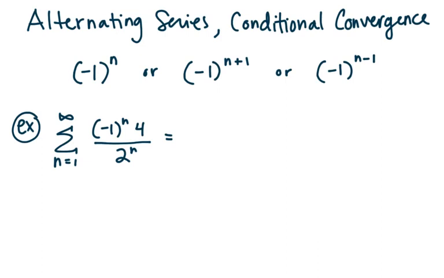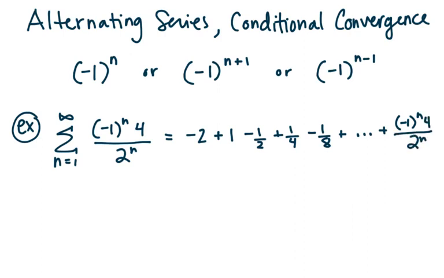And if we start to list the terms in this series, we would get -2 plus 1 minus 1/2 plus 1/4 minus 1/8, all the way down to where we're adding some nth term, which is going to look like -1 to the n times 4 over 2 to the n. And of course we can continue this.